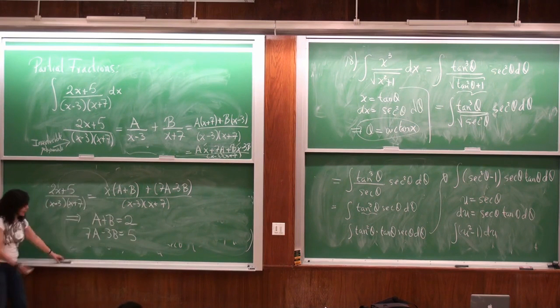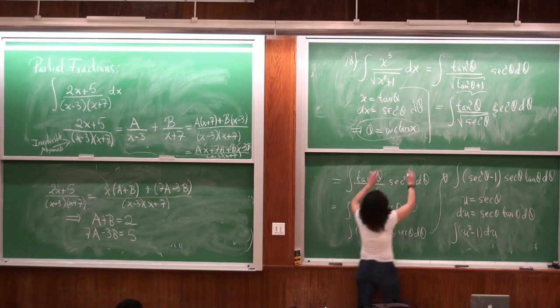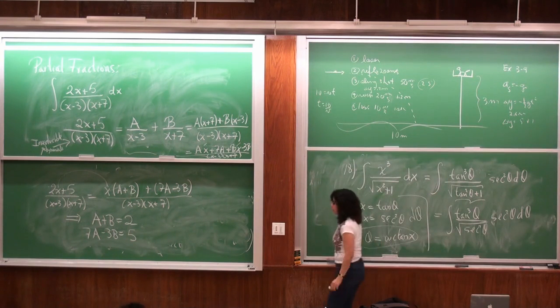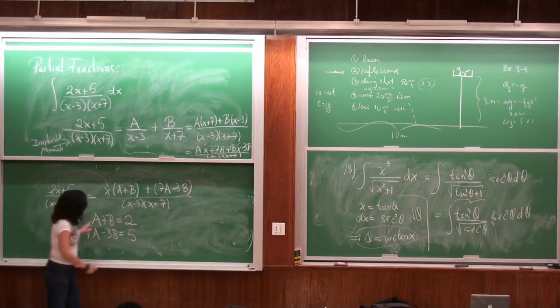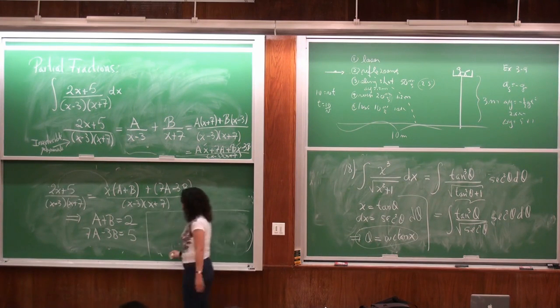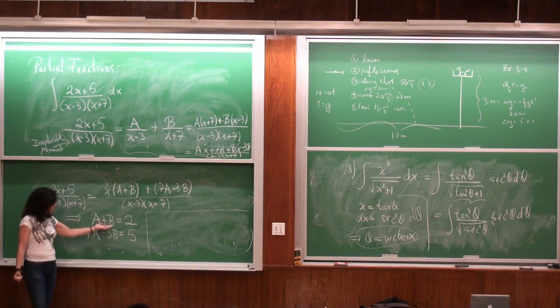And then this is like the kind of linear system that you were used to from the times when you were even younger, right? And then how do you want to solve it? That depends on your taste. Do you want me to multiply by 3, cancel this factor and solve for A? Or do you want me to do substitution here, solve for B, plug it in here?